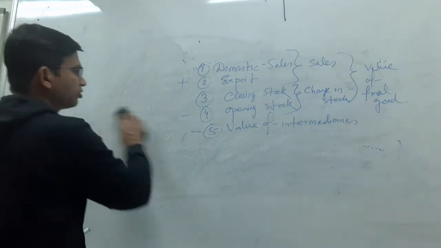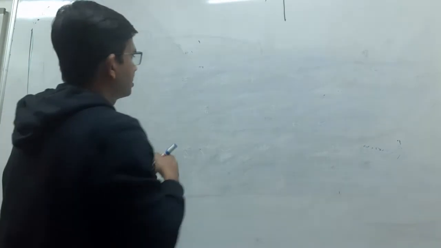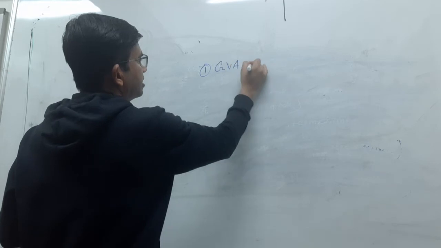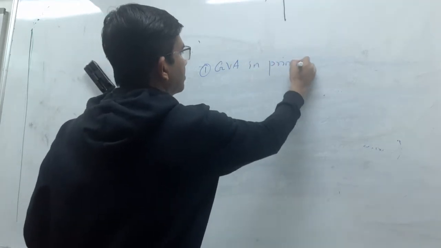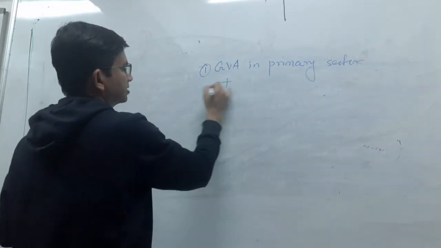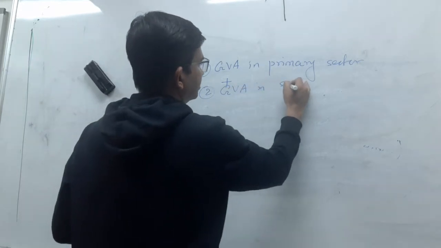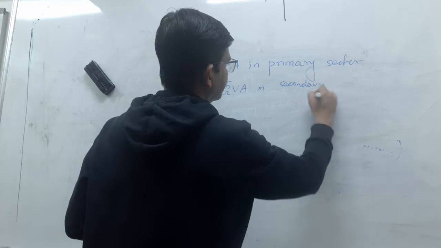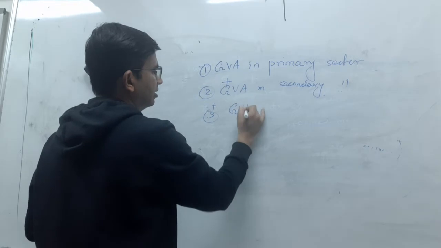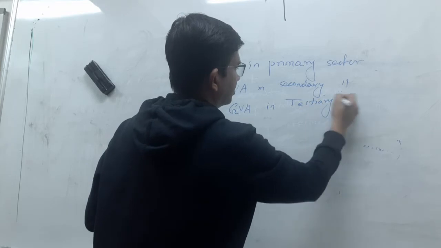So what we will do here? We will add number one, gross value added in the primary sector, plus gross value added in the secondary sector, plus gross value added in the tertiary sector.